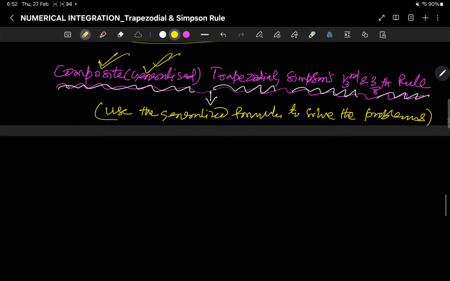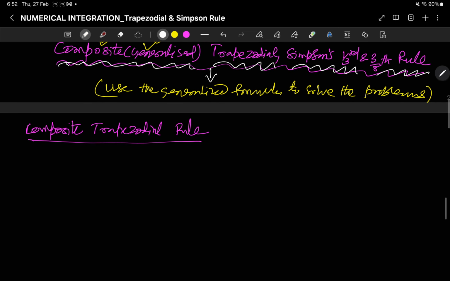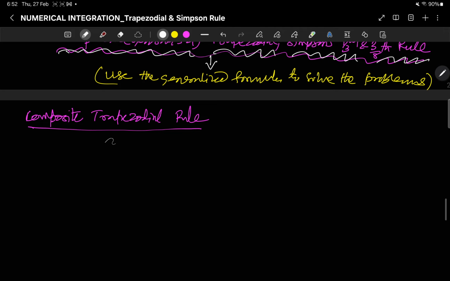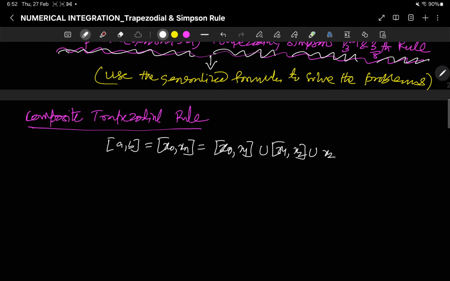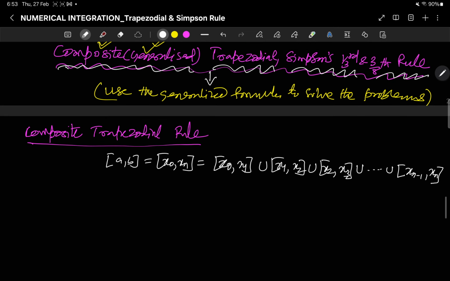Okay, so we are interested in finding the composite or the generalized formula. Now coming to the trapezoidal rule. For the composite trapezoidal rule, the interval a to b is here x0 to xn. We split it like this: x0 to x1 union x1 to x2 union x2 to x3, likewise up to xn minus 1 to xn, because in the usual formula we need two nodes.